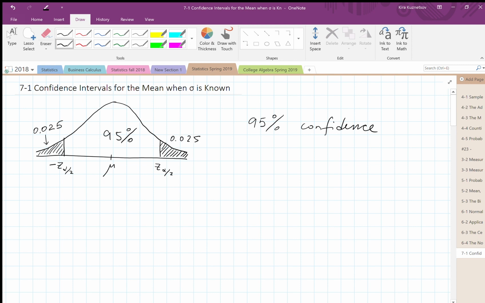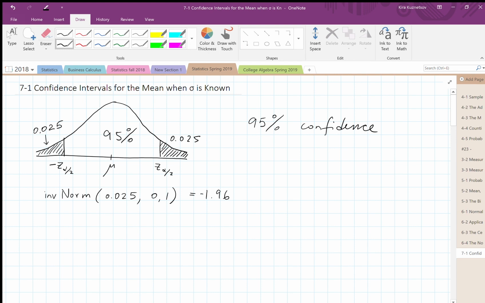Now in order for me to look up the leftmost z, I can type in inverse norm 0.025 for my area, and then all I'm looking at is the standard normal distribution, so I have 0, 1, and this will give me 1.96.